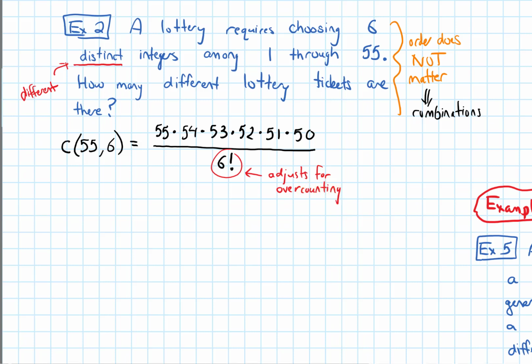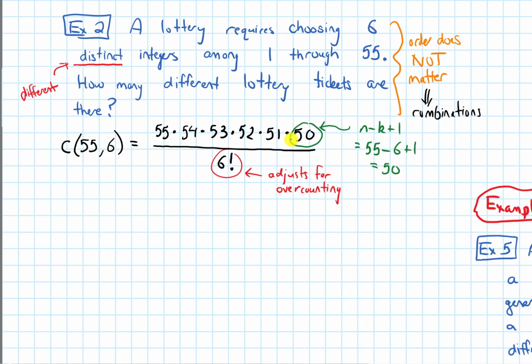And I can verify that this fraction that I'm coming up with matches up with the formula that we had. Specifically, I could look at the last number in my list, and this should give me the n minus k plus 1. That's what our formula for combinations says this last term should be. Because if I plug in n is how many elements are in our original set, which is 55, minus k is how many elements we picked, 6, and then plus 1, and if we work this out, this is 50.